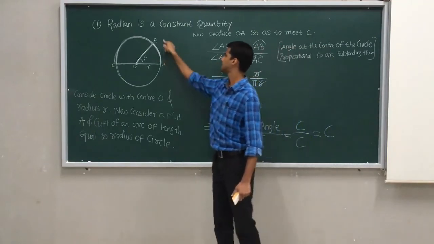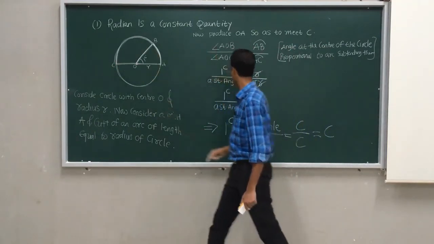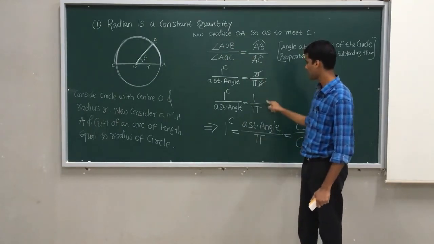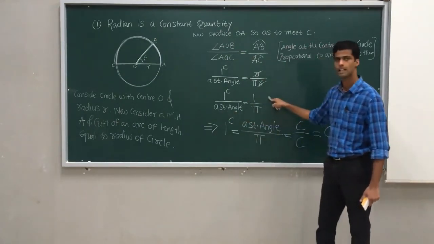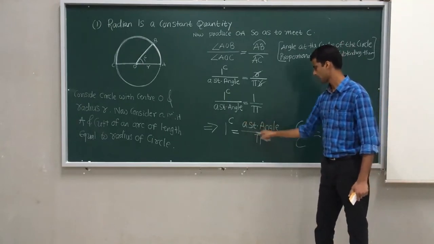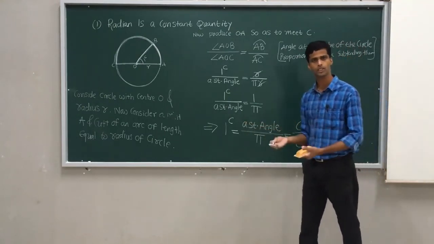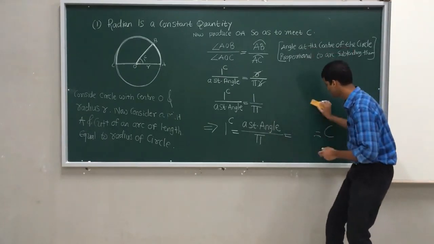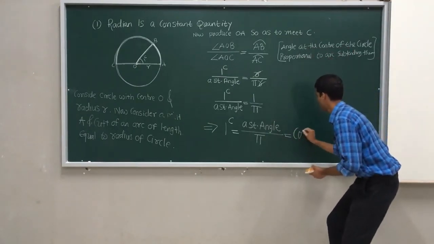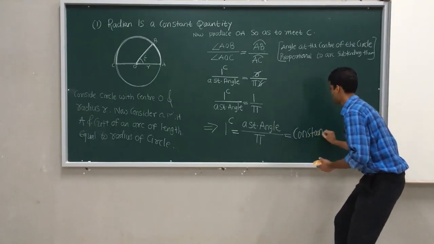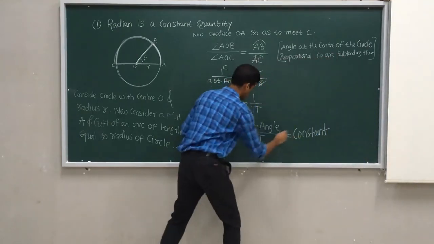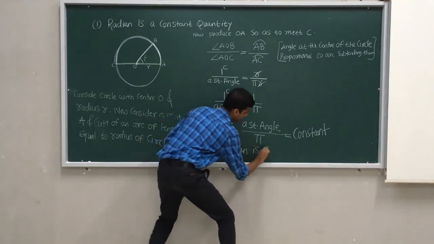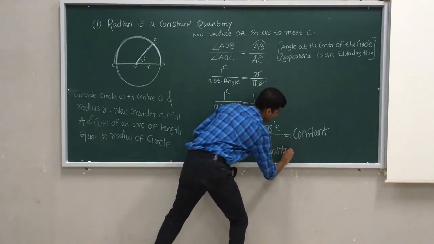Arc AB means r, arc ABC means half of the circumference, that is pi r. They get cancelled, giving 1 by pi. The straight angle I multiply and divide by pi. Straight angle means 180 degree, which is constant. Pi is also a constant, constant over constant. I got the reply as constant. Therefore, 1 radian is constant, which means radian is a constant quantity.